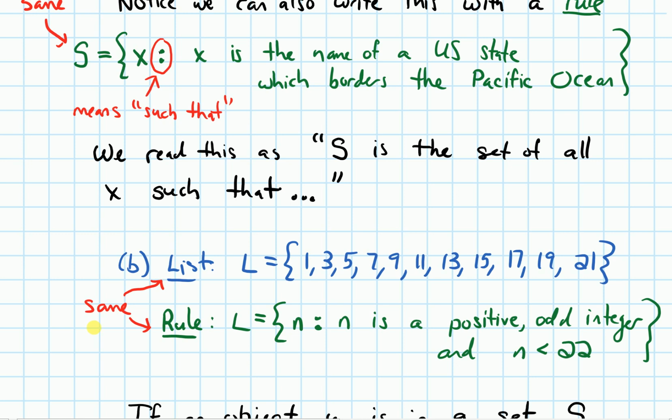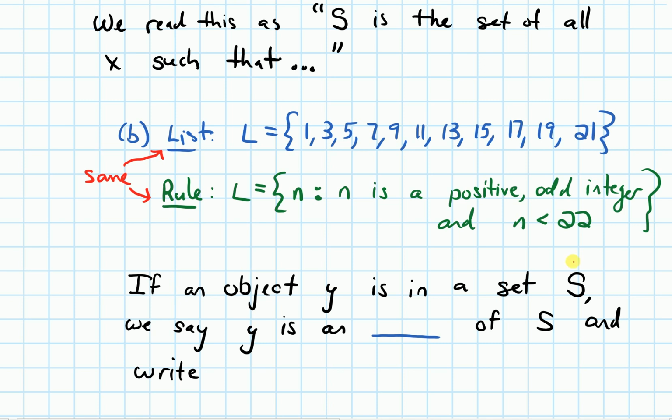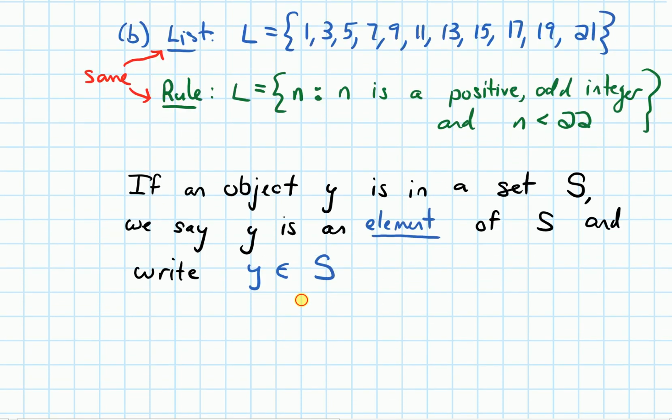Okay, so I'm going to introduce some terminology. So if an object y is in a set S, we say y is an element of S. And we would write y, and I put this symbol, kind of looks almost like an E, so this is the symbol for is an element of, and then I write S. So that symbol, again, just means is an element of.